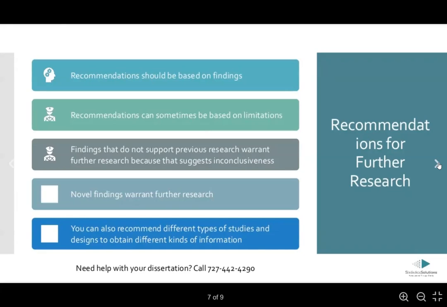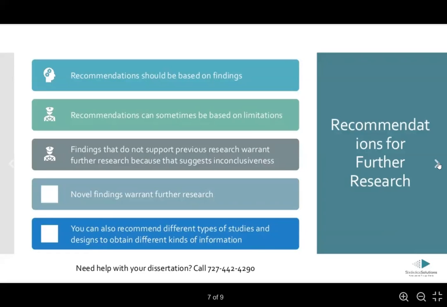And then if you have findings that are inconclusive with previous findings, so if all the studies you've found say that maybe substance use is prevalent in one population, and then through your study, you're finding that it's prevalent in a different population, well, you've opened the door now for the fields of literature to really explore this new finding from different angles.